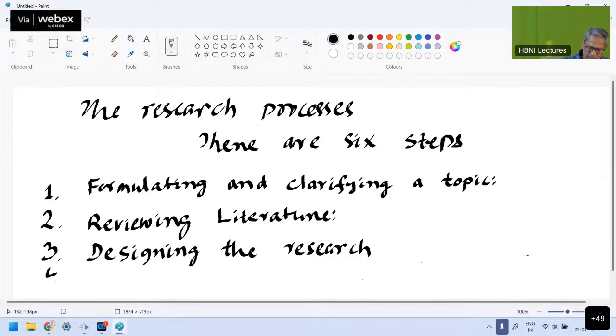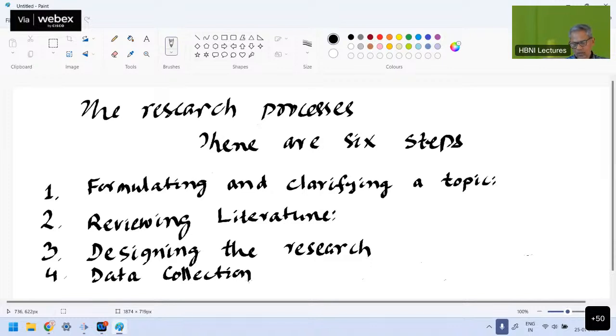This is the fourth one. Whatever you have done in designing the research, you have already decided there how you are going to collect your data.